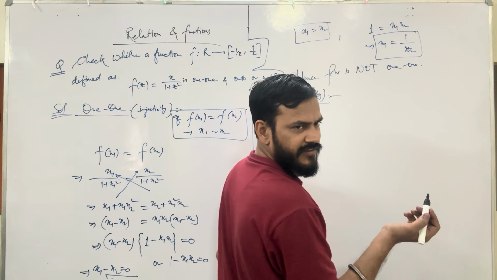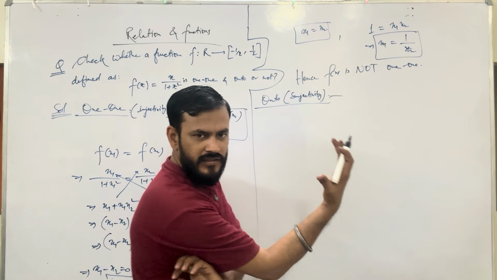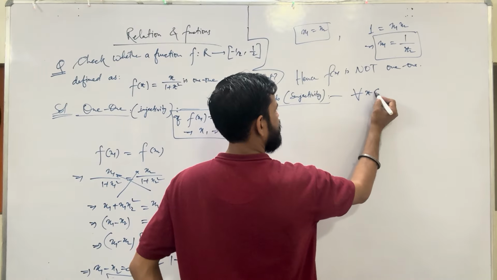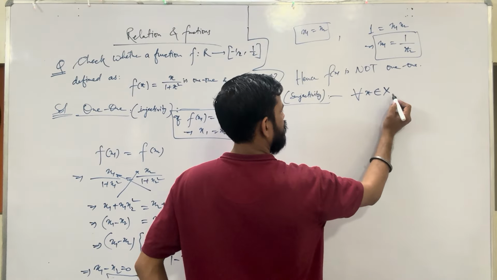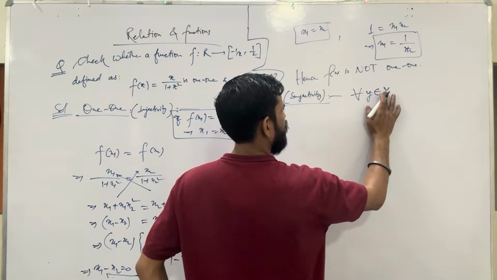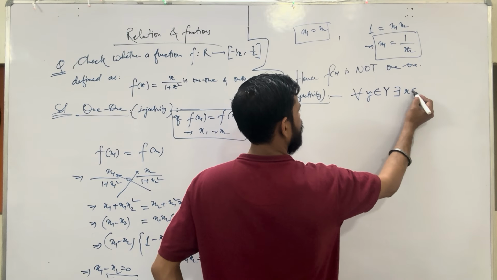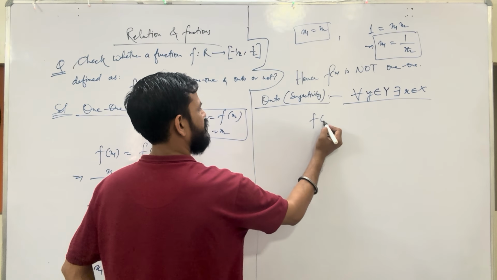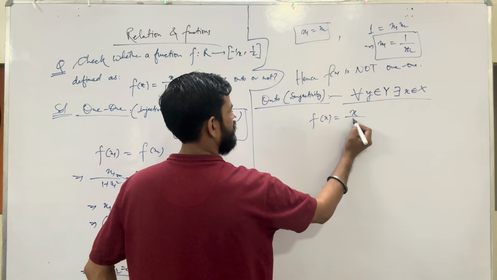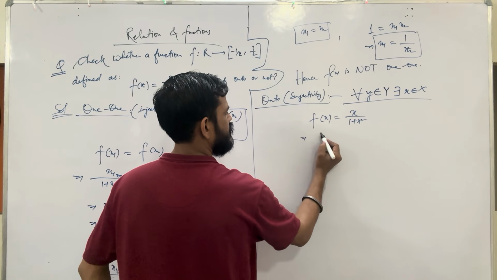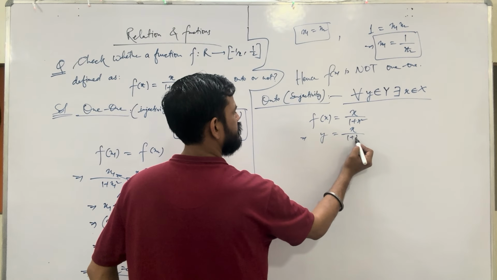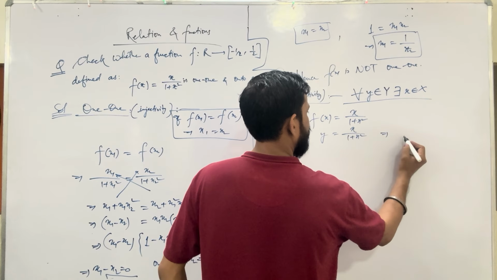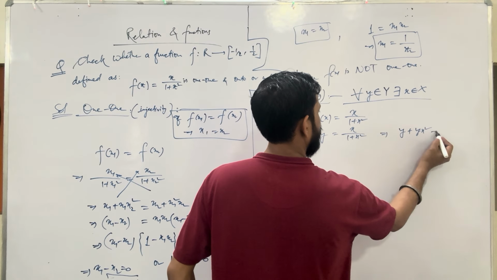For surjectivity the condition is that for every y there should be some x. So for all values of y belonging to Y there exists x belonging to X. So we impose this condition. f(x) is given as x by 1 plus x square, so y is equal to x by 1 plus x square. Now we cross multiply, and we have y x square equal to x.